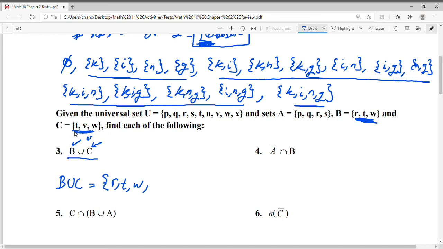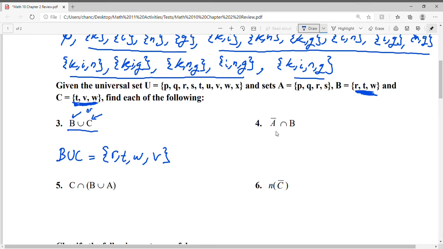I don't need to list the T, I already have it. I don't need to list the W, I already have it, but we need to add a V. So this is the set B union C. We just have to make a list of everything from B and everything from C. Don't do any repeats.